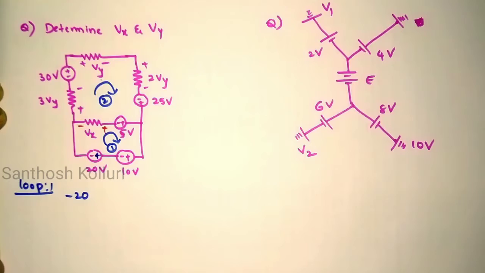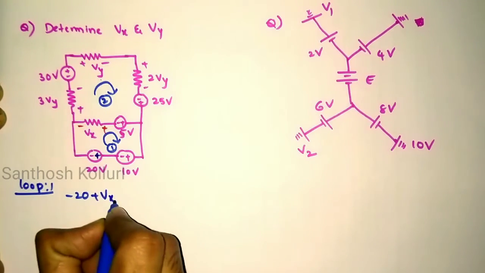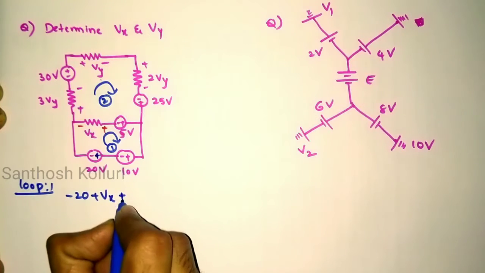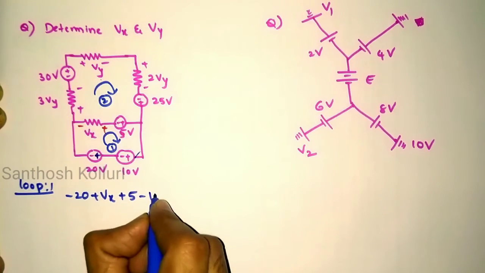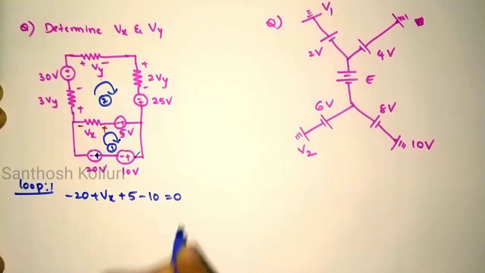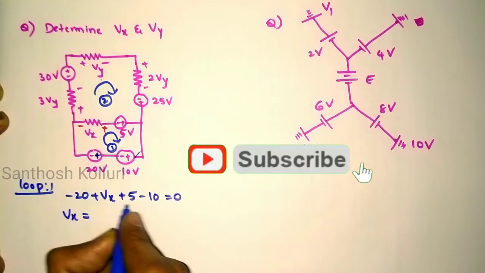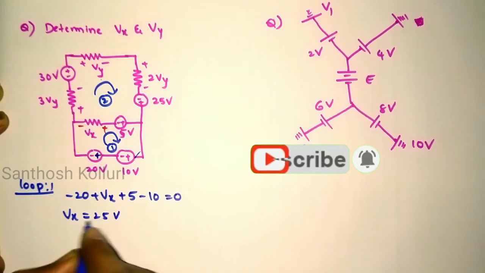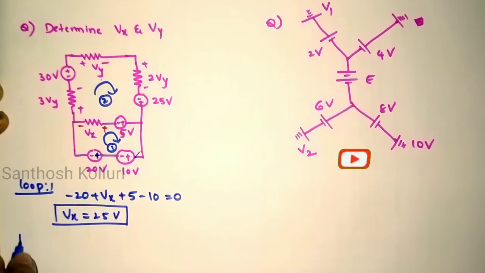Minus 20, and where minus is there, I'm writing plus Vx, and where minus is there, I'm writing plus 5, and where plus is there, I'm writing minus 10. So the loop is completed. From this the value of Vx can be written as 25 volts.